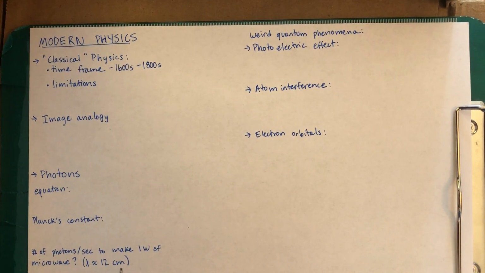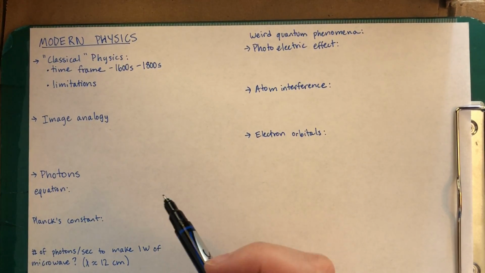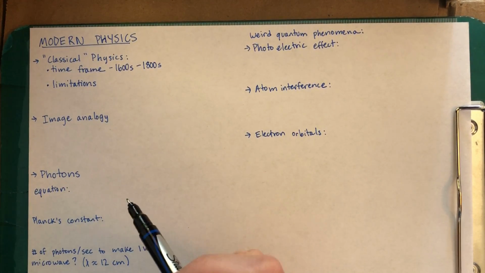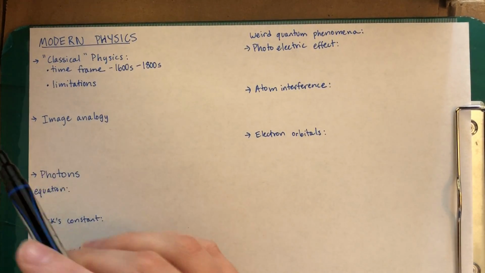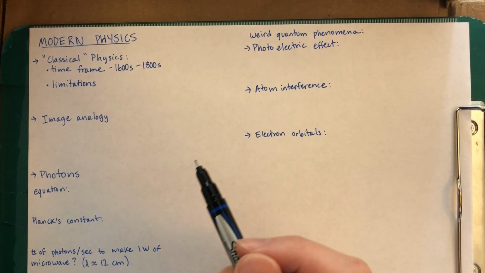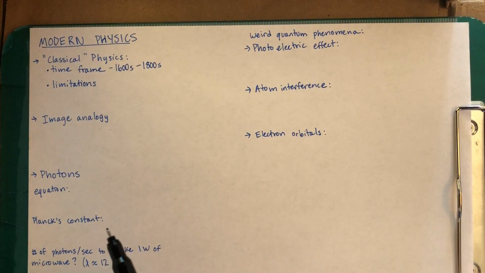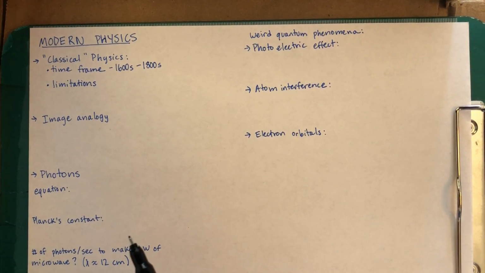And obviously, there are still physicists, there are still people studying physics, learning new stuff, and there have been people doing that since Newton's time. So, there's a bunch of other physics that was discovered more recently, like in the last 100 years or so.